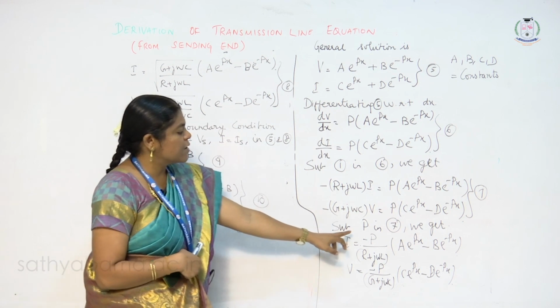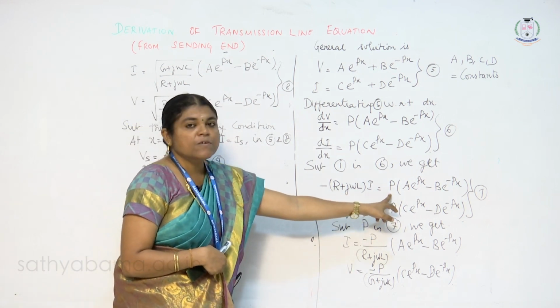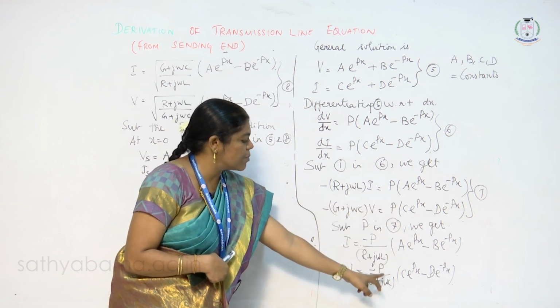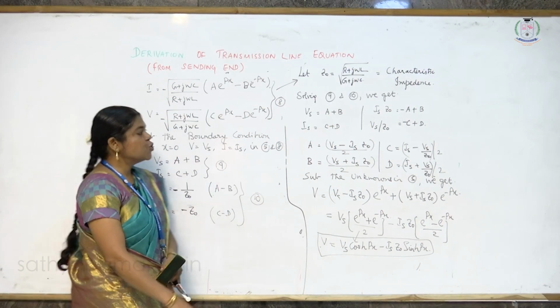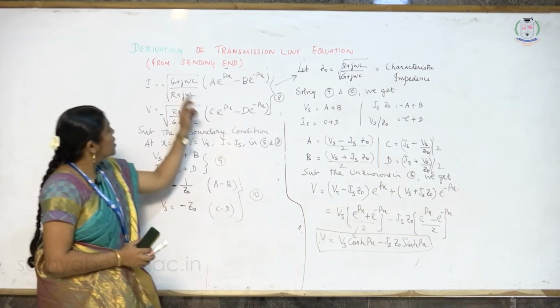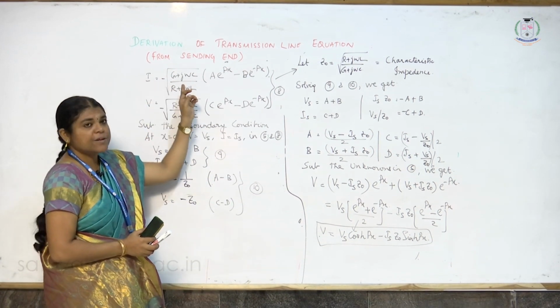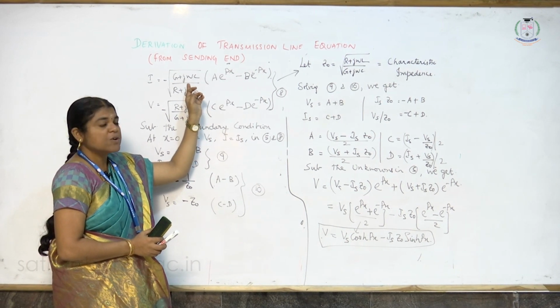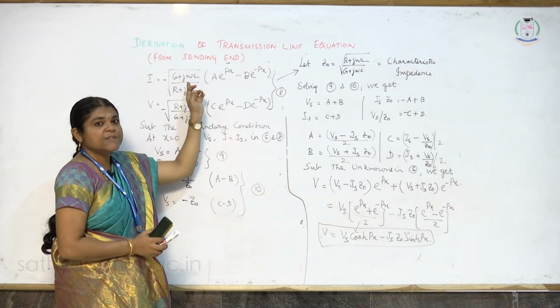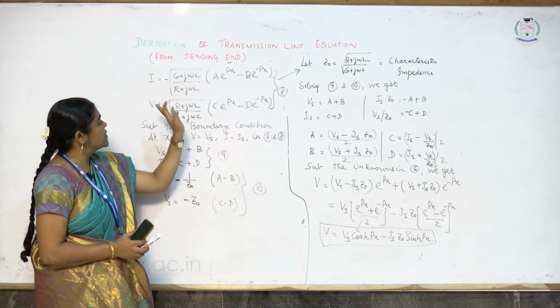From this equation number 7 I have the propagation constant available, which I am going to replace. On substituting the propagation constant into equation number 7, we have got equation number 8, where we have replaced the propagation constant by the series impedance and the shunt admittance term.